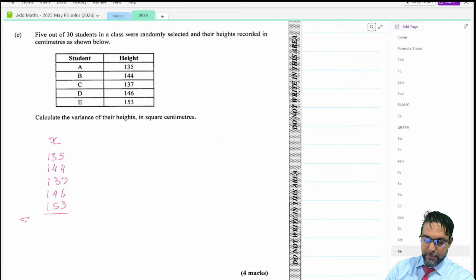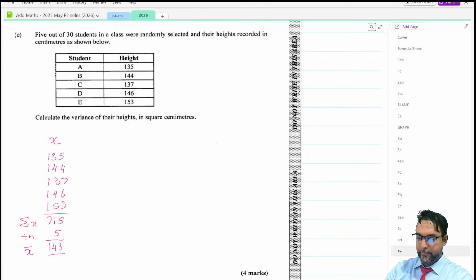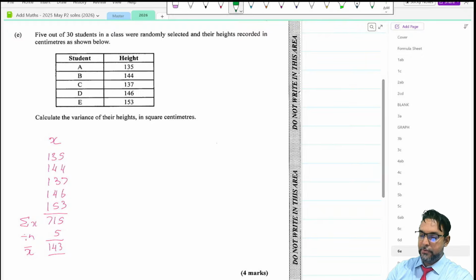Alright, so we'll add these up: 500, 690, 715, and divide by n, which is 5, right? That's 143. And now we'll have a column for the squared values.